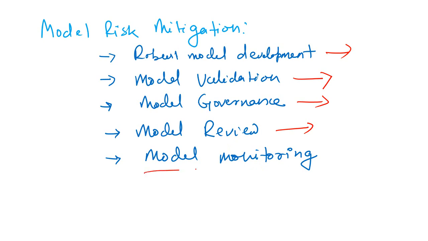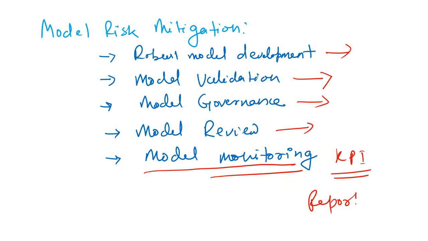Model monitoring. Okay. Model monitoring is on a periodic basis. It could be weekly, monthly, or quarterly. There should be some KPIs, or some performance reports, presented to the senior management, saying that the models are working fine.